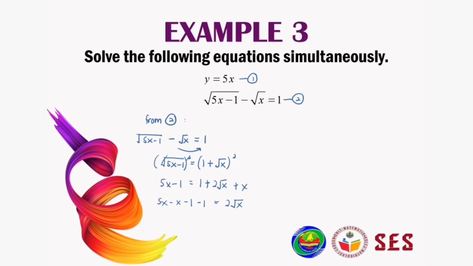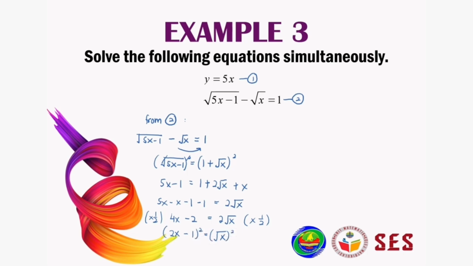Simplifying this, we have 4x minus 2 equals 2 times square root of x. Now, we can multiply both sides by half, so that we have 2x minus 1 equals square root of x. Now, this equation looks much easier than before. Next, in order to remove the square root on the right hand side, we square both sides again.